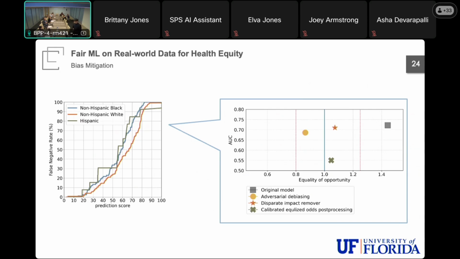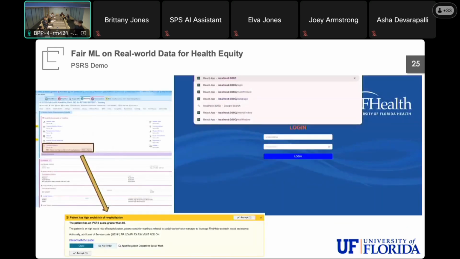So in the next step, we use this model to embed it into the healthcare system. This is ongoing work, and we have a mirror system that is a sandbox of the EPIC system used in UF Health, and we are trying to embed the PSRS model into EPIC.